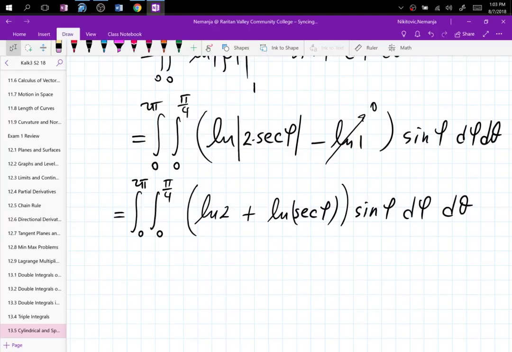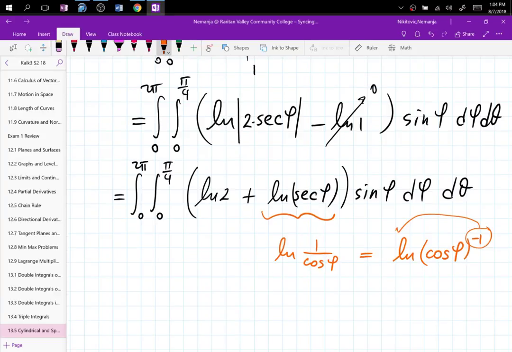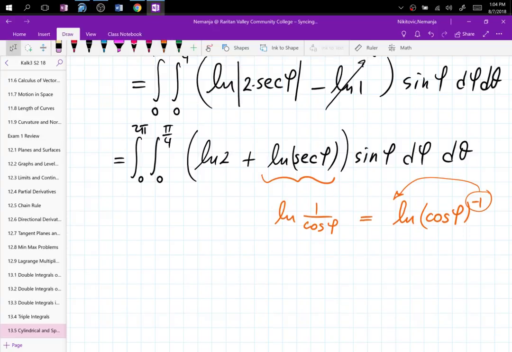Now, for those of you that don't remember logs and things, here is some orange. ln of 1 over cosine phi is going to be the same as ln of cosine phi raised to the -1. The -1 goes in front because exponents can be pushed in front for logs. So this is minus ln of cosine phi. At which point you go, yay, because you get u sub.